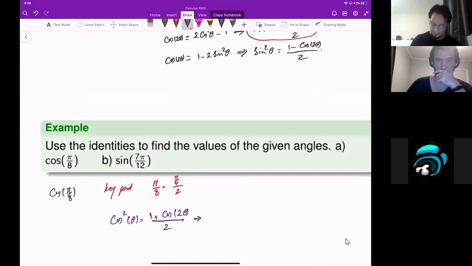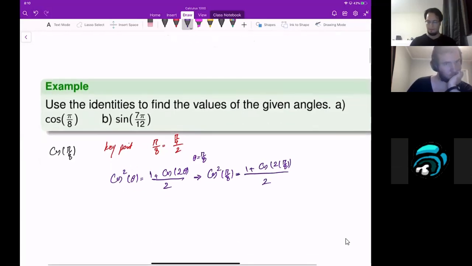Means that if I set theta to be pi over 8, cosine squared of pi over 8 is 1 plus cosine of 2 times pi over 8 over 2. And this is 1 plus cosine of pi over 4 divided by 2.